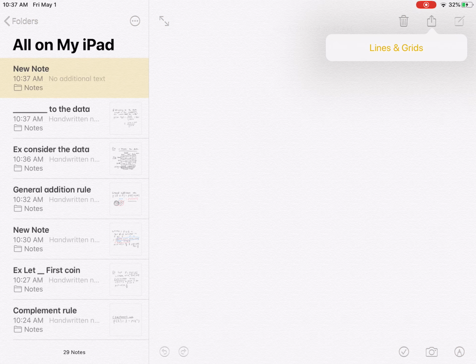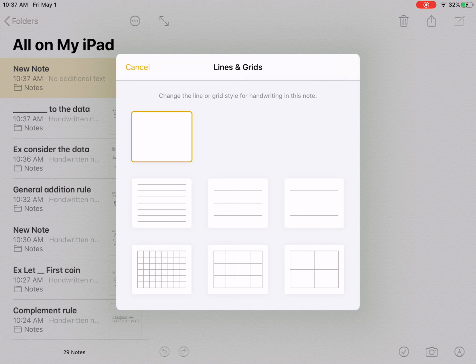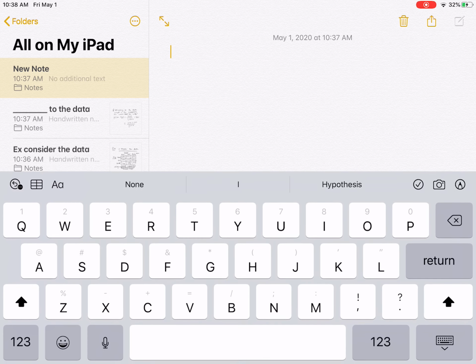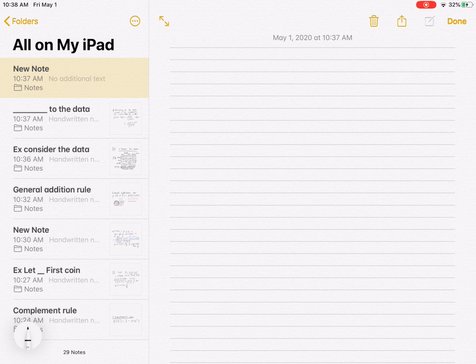I can ask, what's the probability of dog or cat?